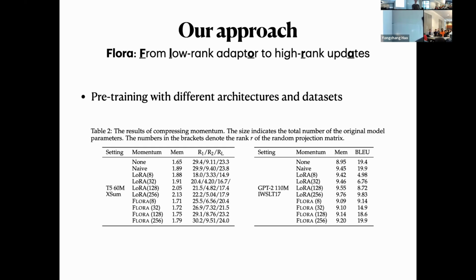But we generally achieve higher ROUGE score, even on small models. And also the same for this translation task. And compared with the naive momentum used in Adafactor, we also achieve similar performance, but with less memory usage.